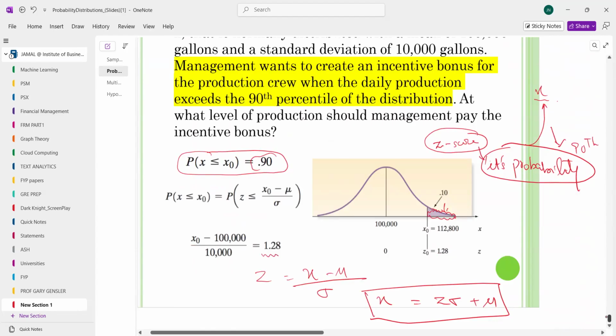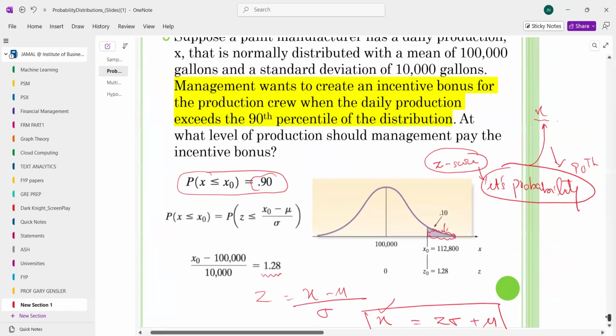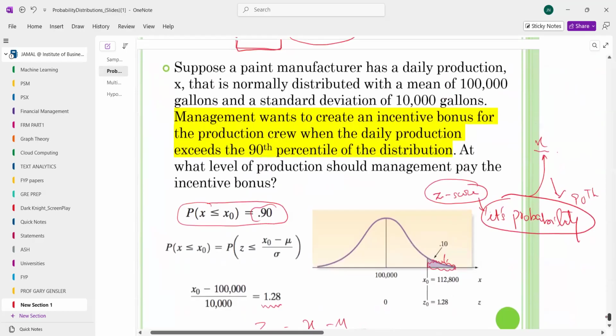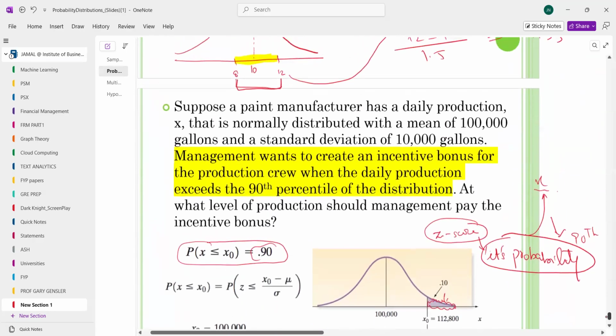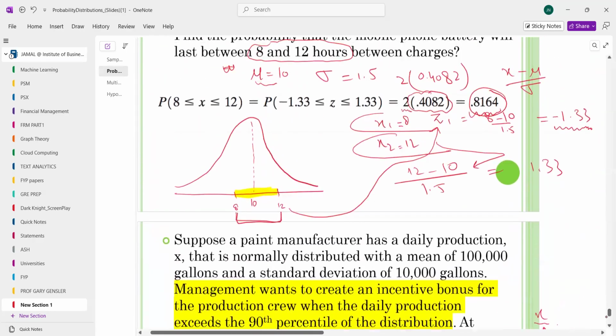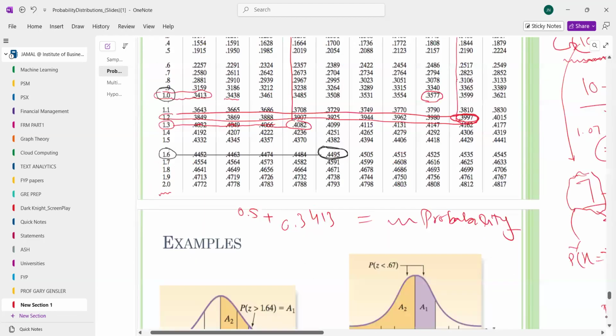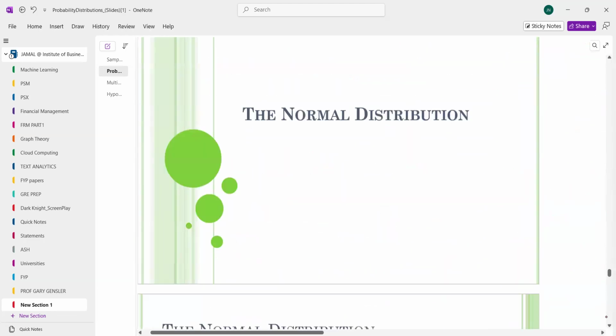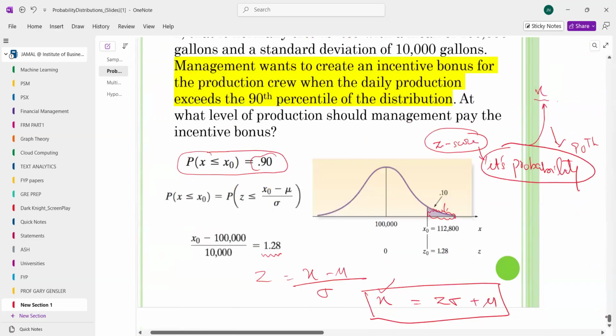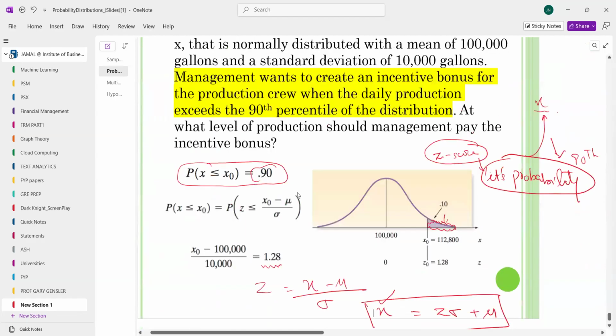In this case, you have a z-score of 1.28 and you can plug it here and you will find the value of x. So that's it. Anything else in this part? Yeah, I think it's done. So for the last question at the 90th percentile, the z-score is 1.28 and you can just plug it over here, and you will find the value of x.